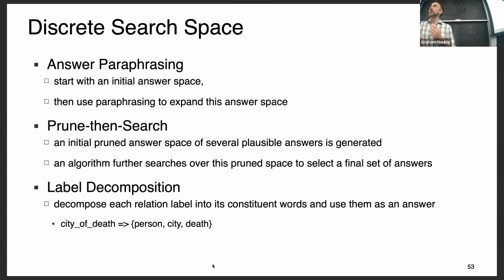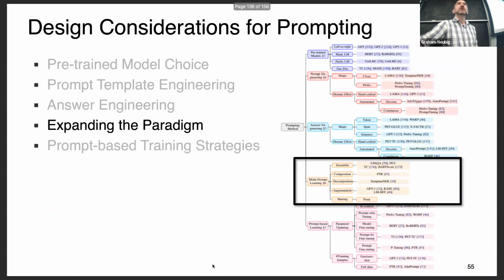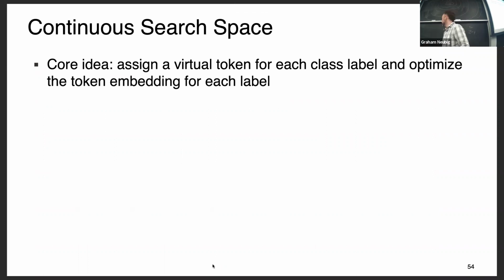I'm not going to go into a lot of detail here in the interest of time. I only have 15 minutes left, but we have much more detail in the survey paper. So for continuous search spaces, the simplest idea is you assign a virtual token for each class label and optimize the token embedding for each label. This is very simple.